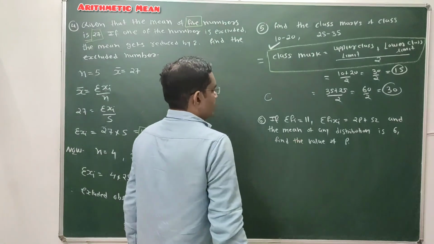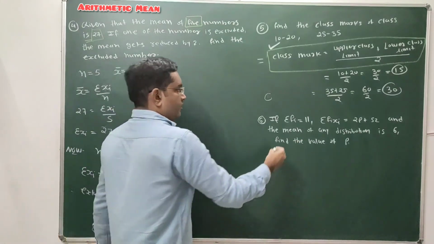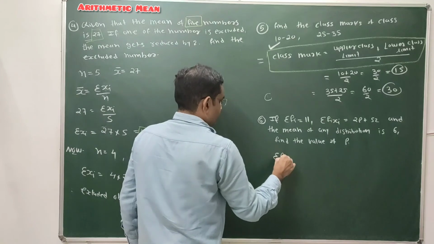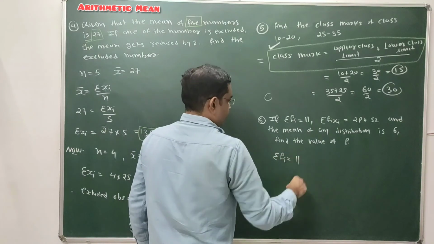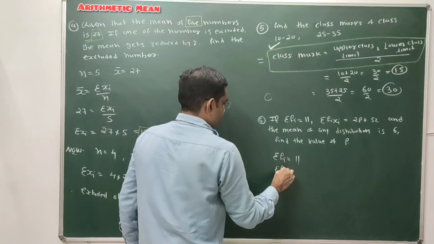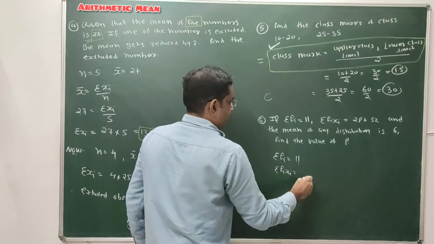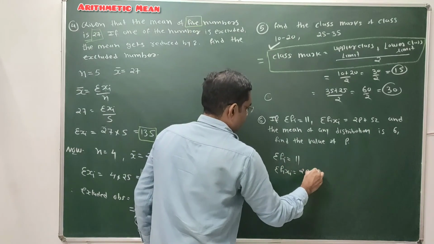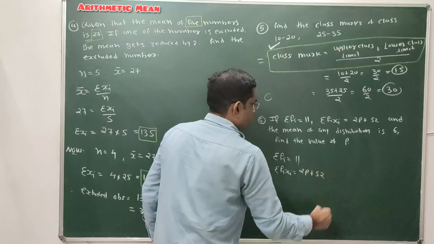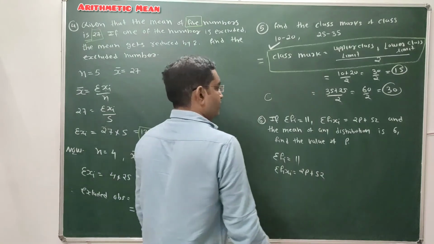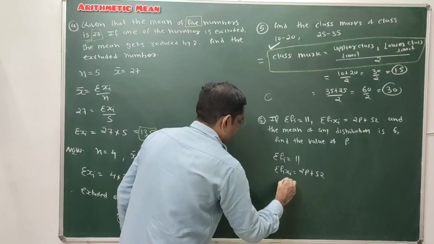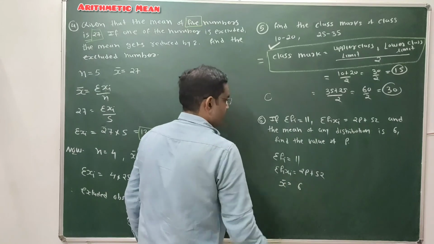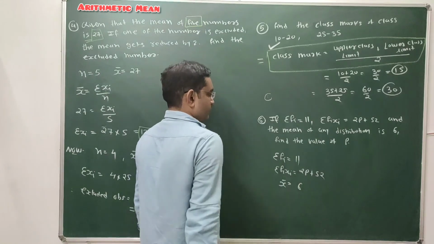Last question, question number 6. Here what we are given: sigma fi is 11, sigma fi xi is 2p plus 52, and the mean of the distribution, x bar, is 6. Find the value of this unknown p.